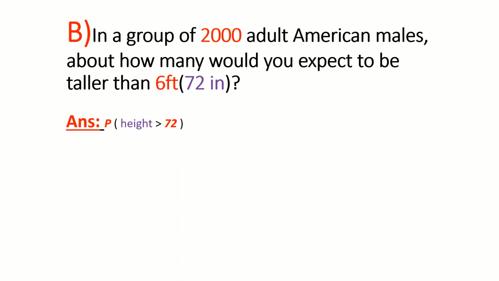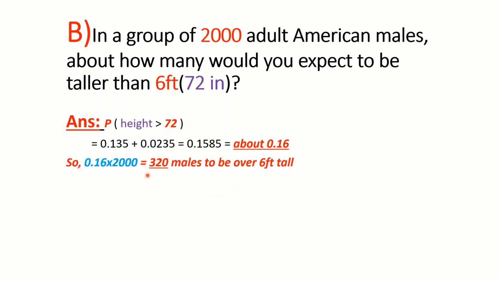In the previous slide, we know that in the normal distribution the portion which is greater than 72 is 13.5% and 2.35%. So we need to add the two portions together, which means 0.135 in decimal plus 0.0235, which equals 0.1585, about 0.16. This is the probability that American adult males are taller than 72 inches.